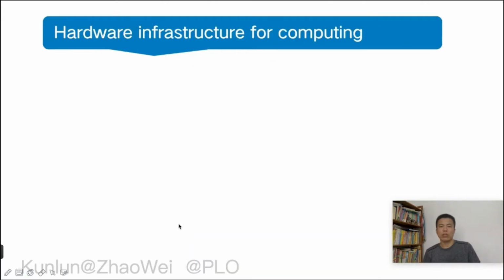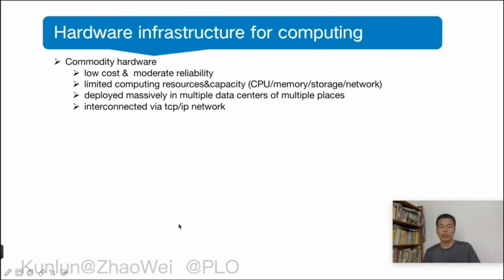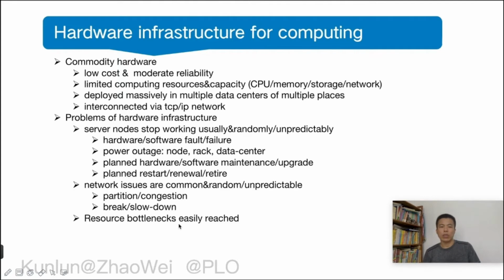In today's data centers, the hardware infrastructure for computing is mainly commodity hardware. They have moderate reliability and limited computing resources and capacity, and they are deployed massively in multiple data centers and interconnected via network. This makes them very vulnerable and error-prone. Several nodes could stop working randomly and unpredictably for various reasons.